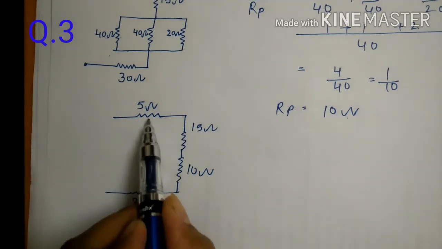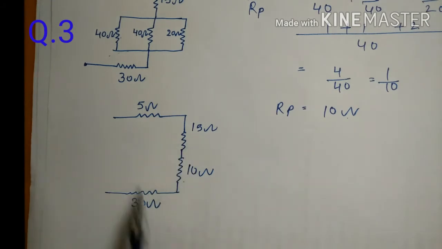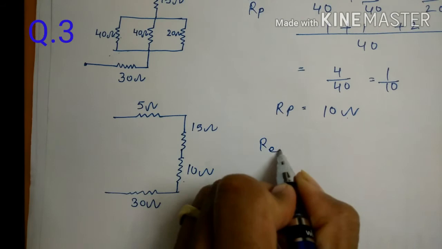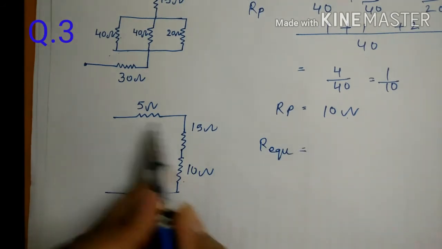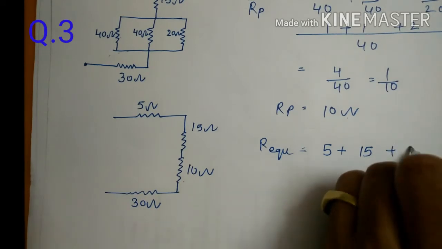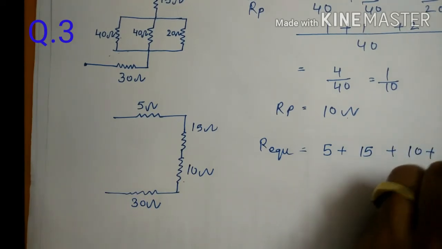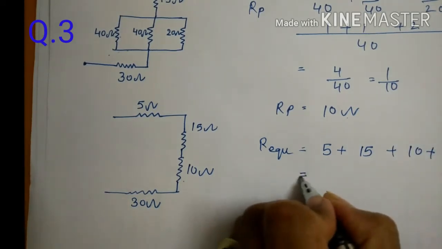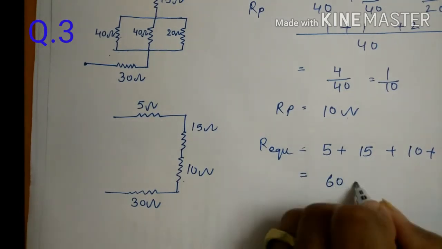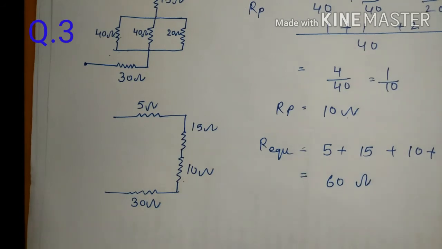We can see all four resistors are attached in series. So the total equivalent of this will be 5 plus 15 plus 10 plus 30, that will be 60 ohm. Is it clear?